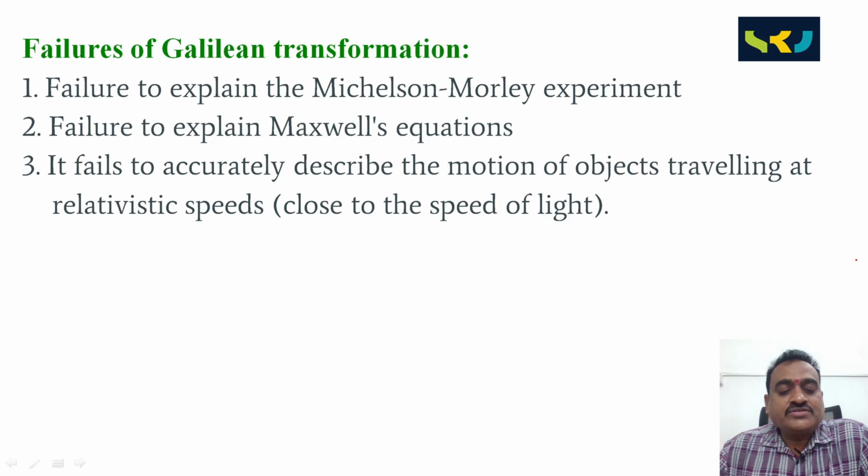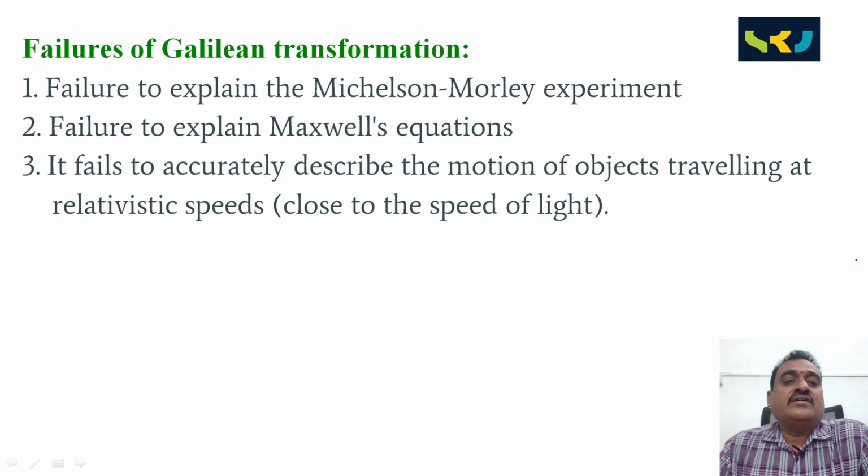So what are the failures? Number one, it fails to explain the Michelson-Morley experiment. Second, it fails to explain Maxwell's equations. Third, it fails to accurately describe the motion of objects traveling at relativistic speeds, very close to the speed of light.